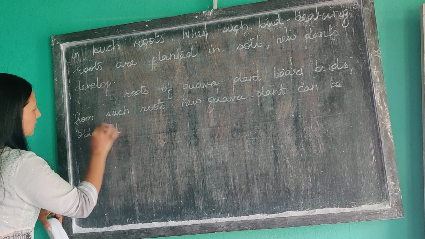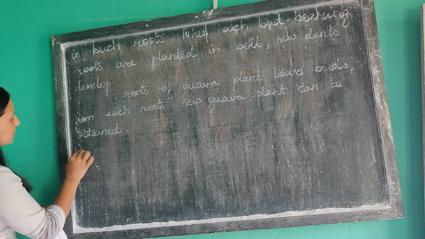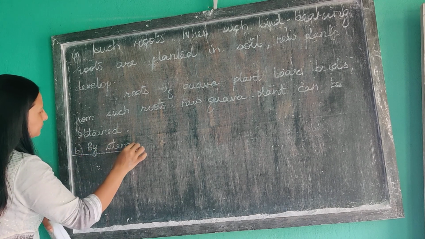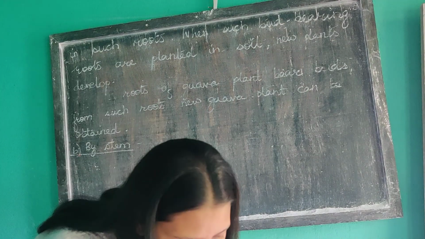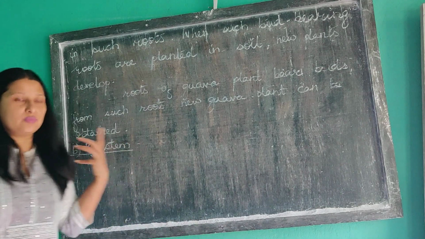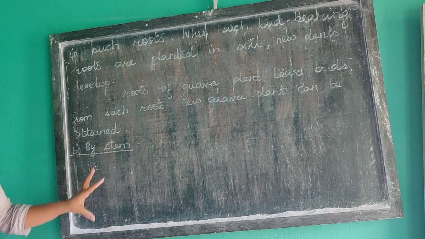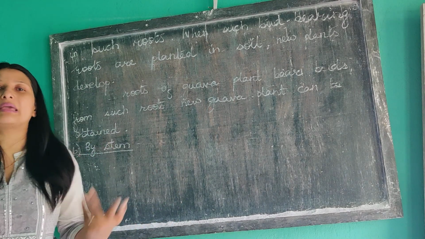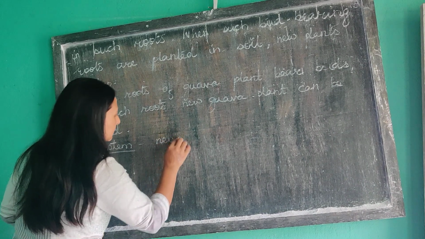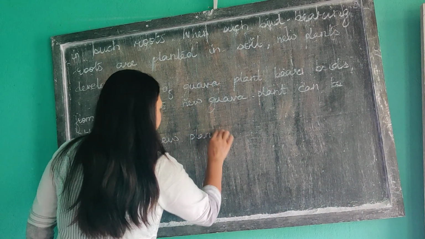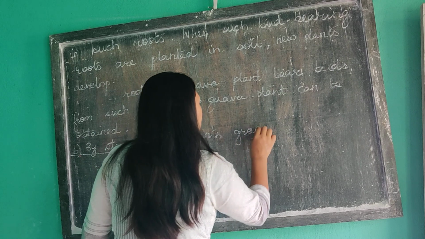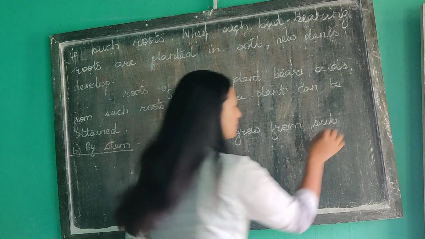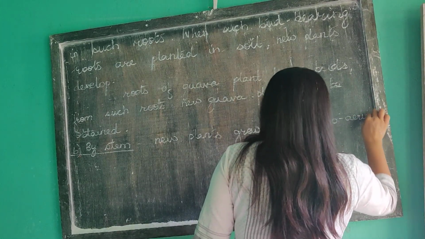Now the next method of vegetative propagation is by stem. In vegetative propagation from stem, new plants grow from subaerial stems, such as in grasses.